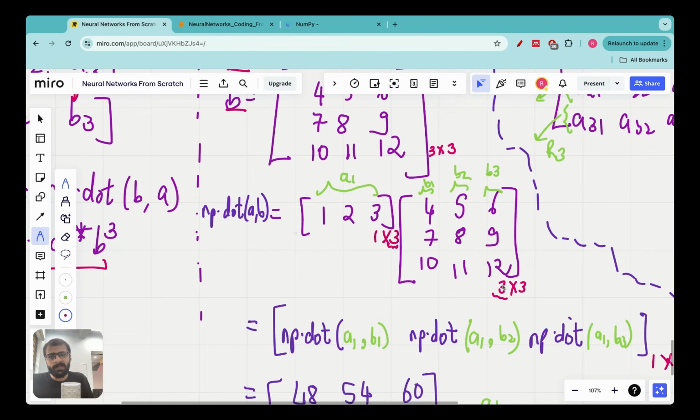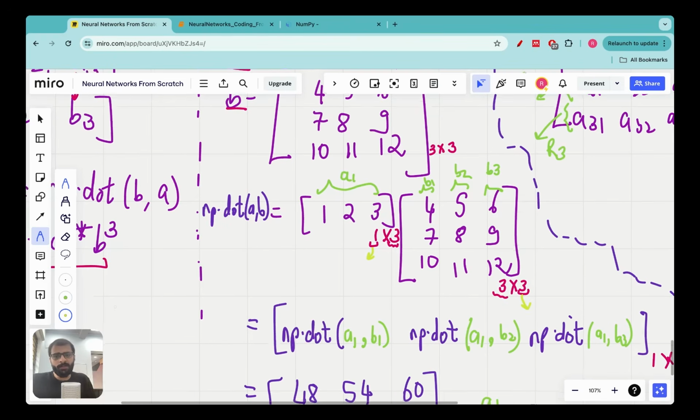In matrix multiplication, if you are multiplying two matrices, the output dimension is always governed by the rows of the first matrix and the number of columns of the second matrix. So in this case, the output is going to be 1 by 3, because the rows of the first matrix are 1 and the number of columns of the second matrix are 3. So the output is going to be 1 by 3.